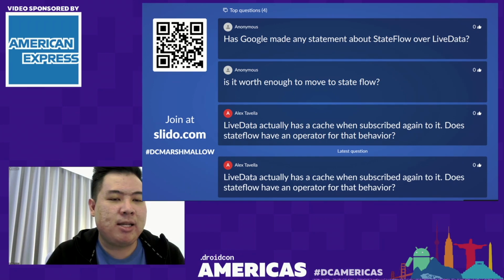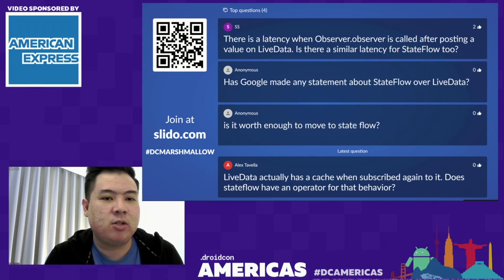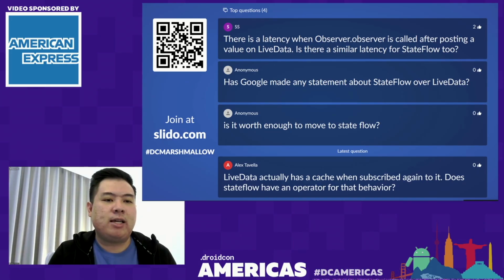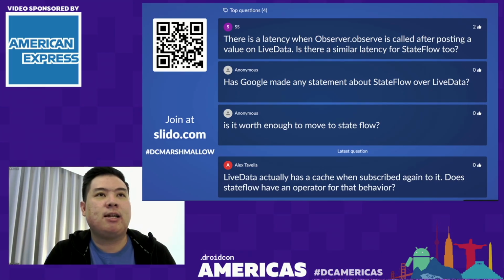Has Google made any statement about StateFlow over live data? I don't see any statement so far, and I think it's still a matter of preference, a matter of which case we have.